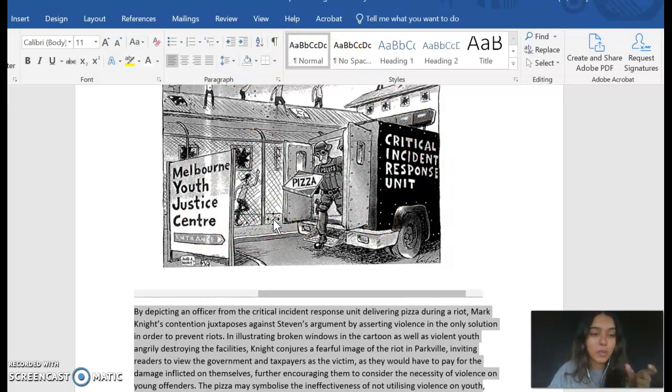on that specific audience. So it says here, by depicting an officer from the critical incident response team delivering pizza during a riot, that's what's happening there, Mark Knight's contention juxtaposes against Stephen's argument by asserting violence is the only solution in order to prevent riots.